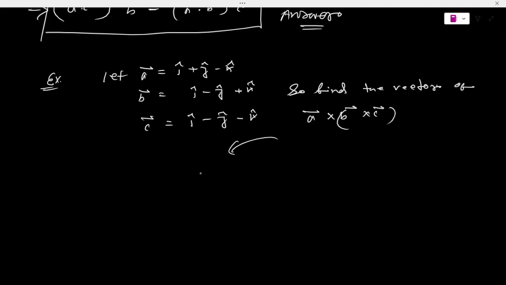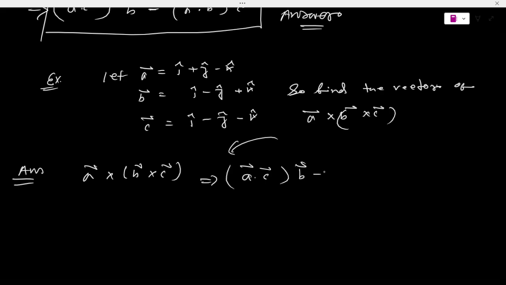The answer will be a vector cross b vector cross c vector. It will be a dot c vector into b vector minus a vector dot b vector into c vector.